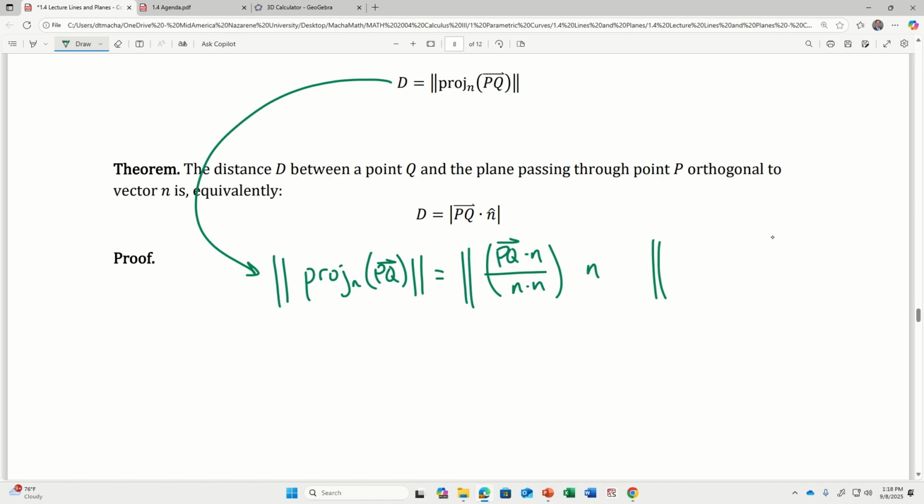And this is a scalar times a vector, right? And so whenever I take the norm, it's really just taking the norm of this vector and the absolute value of this scalar.